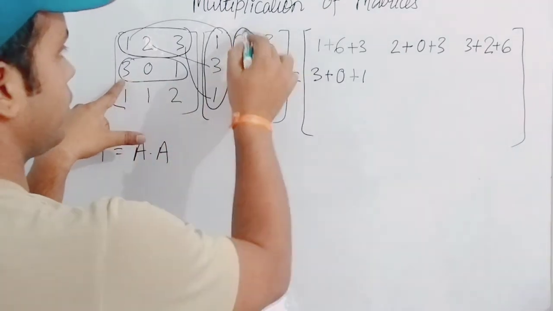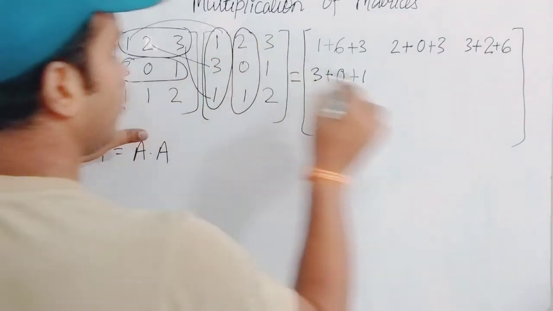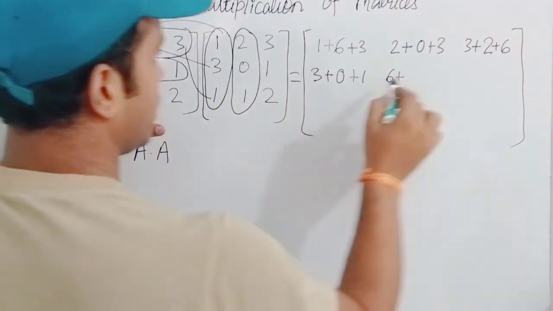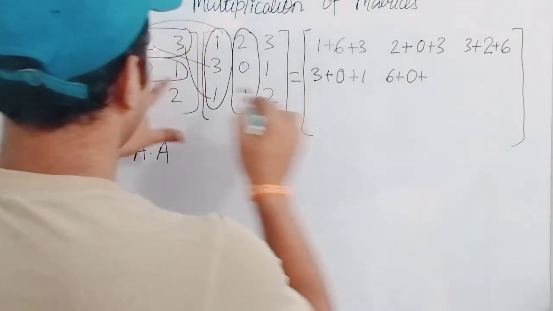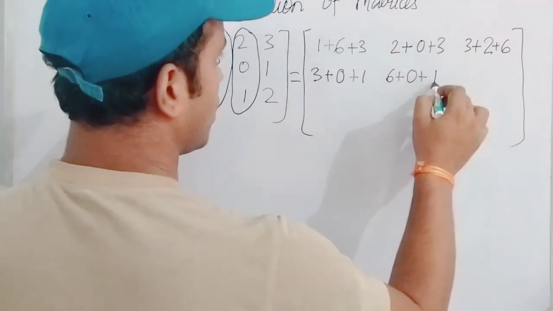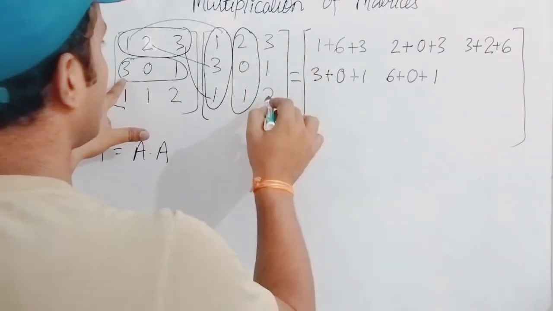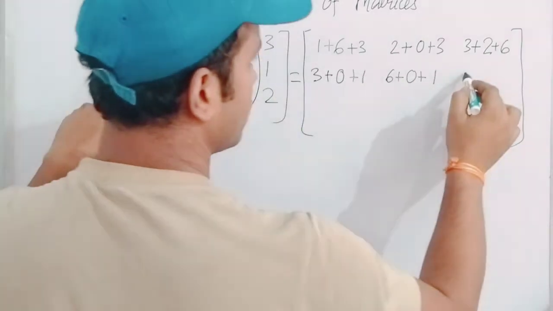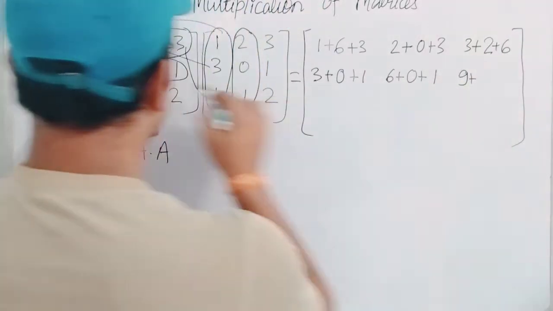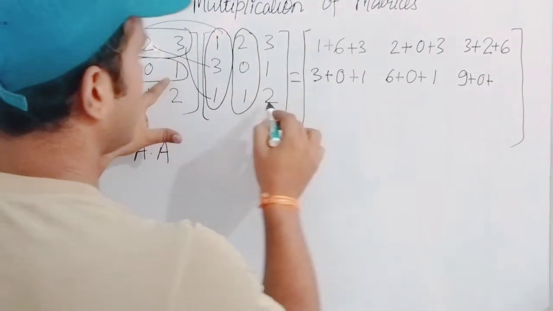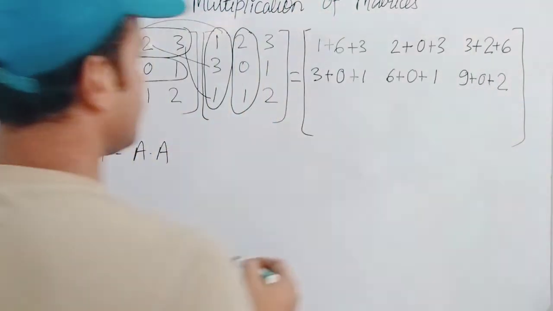Now you multiply this with second column. 3 into 2 is 6 plus 0 into 0 is 0 plus 1 into 1 is 1. Now multiply this with third column. 3 into 3 is 9 plus 0 into 1 is 0 and plus 1 into 2 is 2.